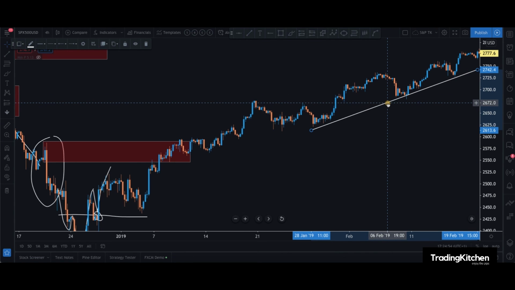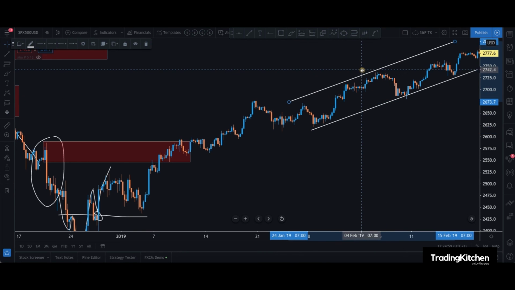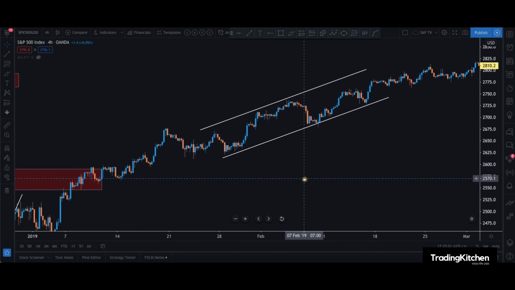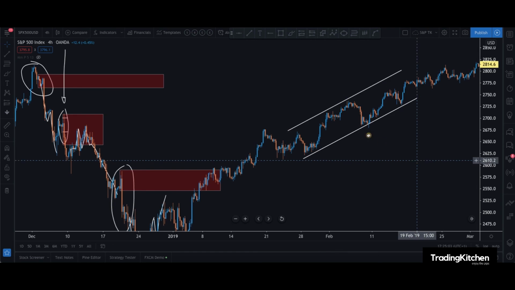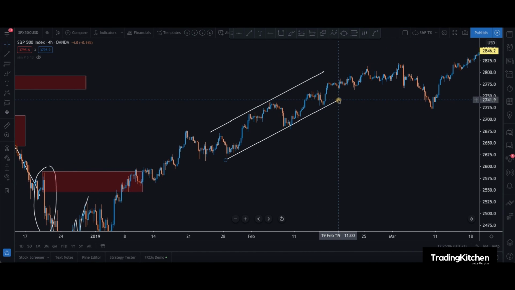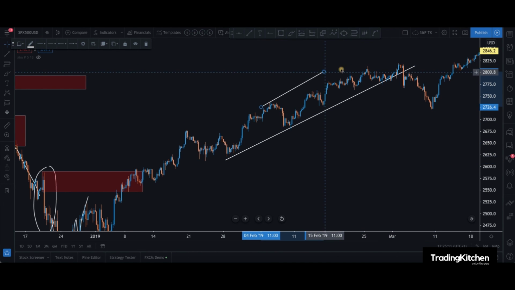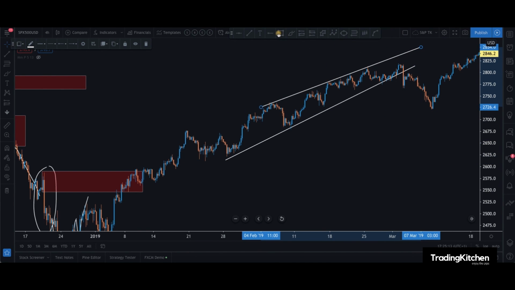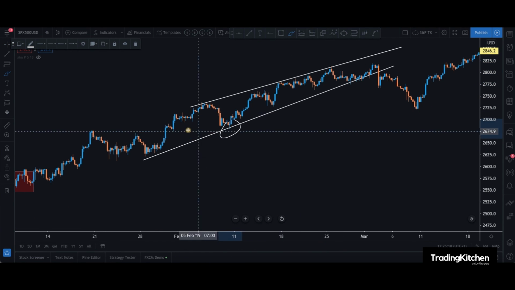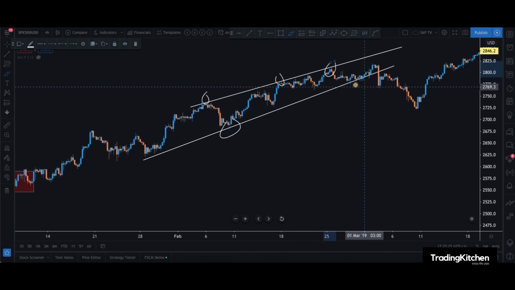Channel, a very long channel, this one. But as you can see, price reacted from the channel with a pin bar here. This is a doji, another time, pin bar, okay.